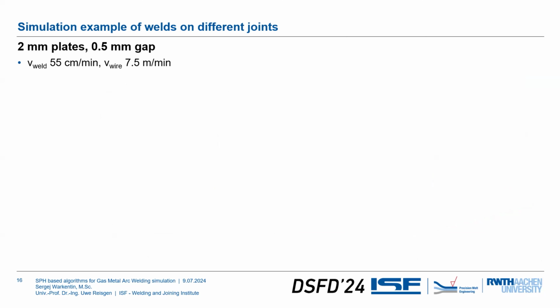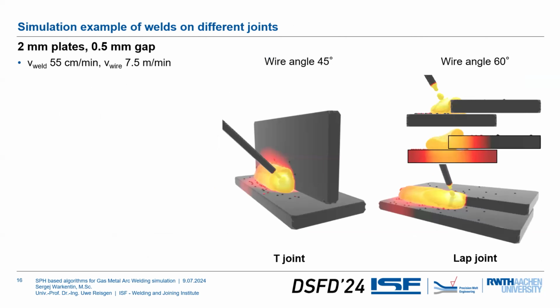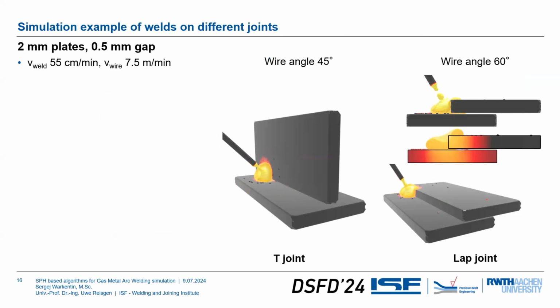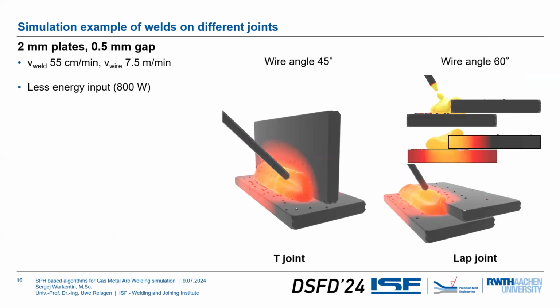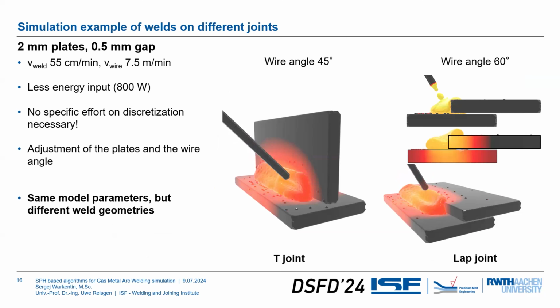Another example is for different joints. This is an example of a T-joint and the lap joint, which are more than 70% of industrially used configurations of welds. Here I wanted to show that no specific effort on digitization was necessary.